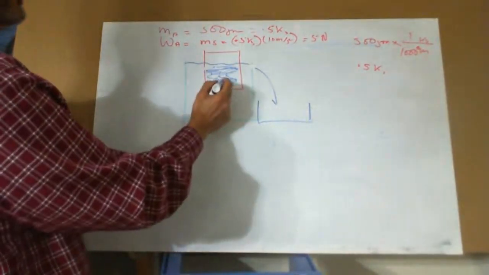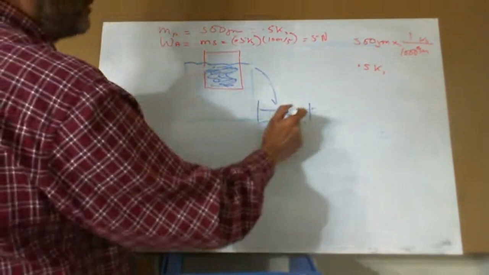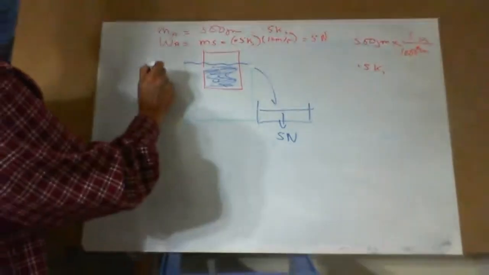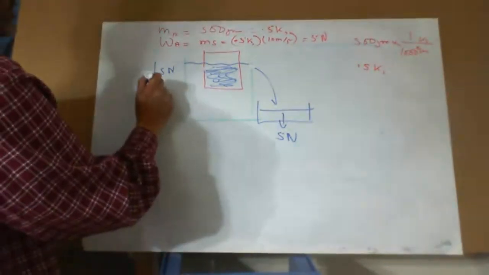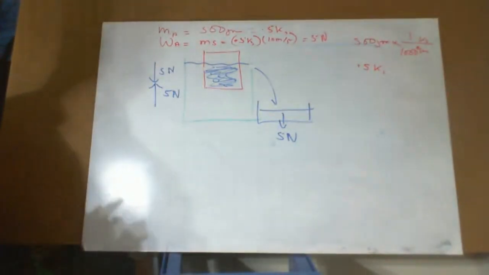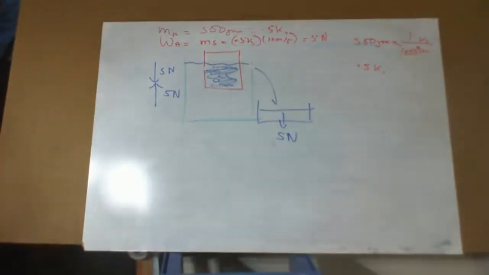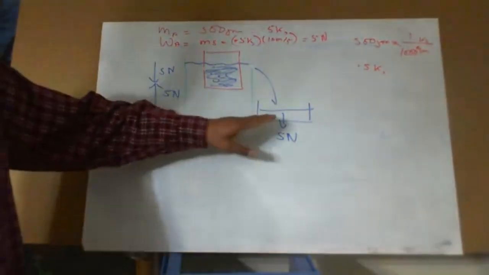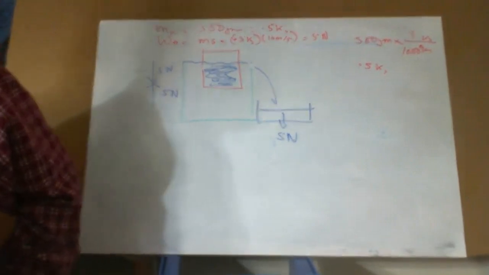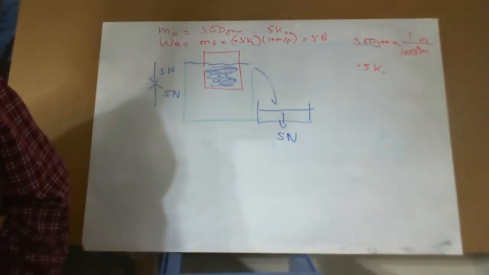For it to float, 5 newtons of water would have to be pushed aside, right? Then the downward force is 5 newtons and the upward force is 5 newtons, and so it balances out, right? So the weight of the water that spills out of the beaker is 5 newtons, right?